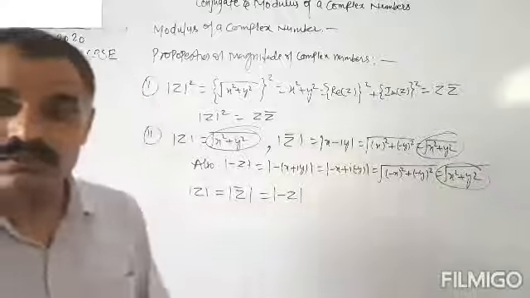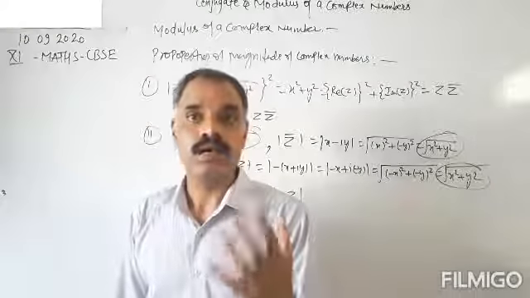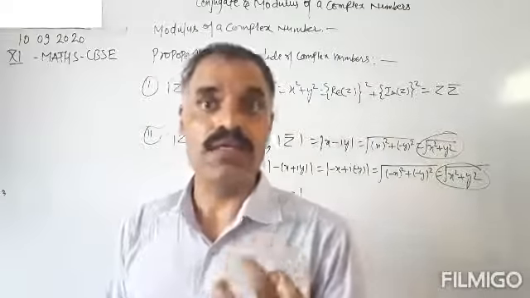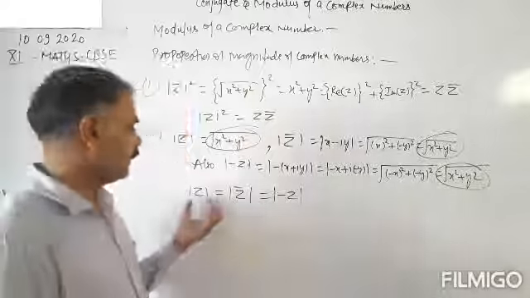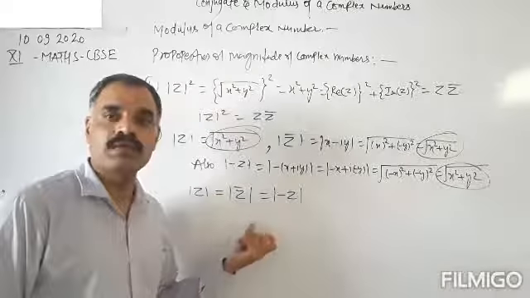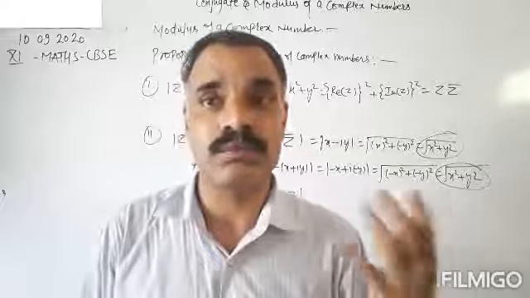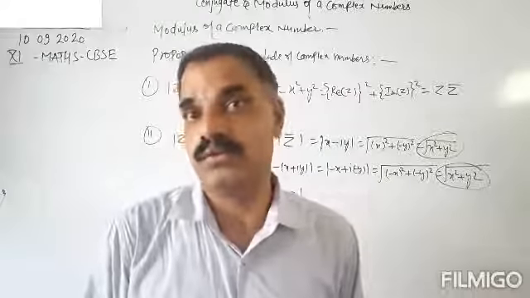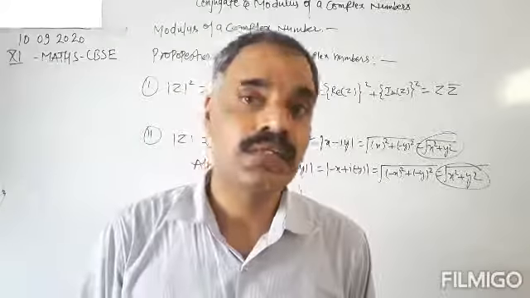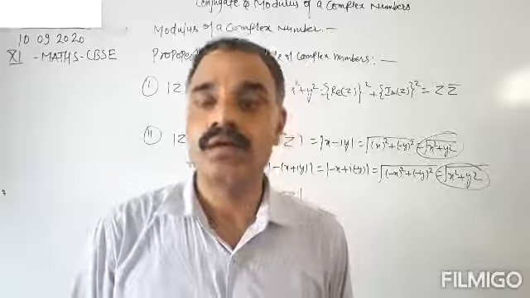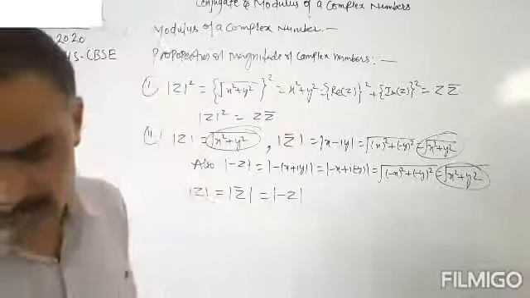So what can we conclude? We can conclude that the magnitude of z equals the magnitude of the conjugate of z, which equals the magnitude of the negative of the complex number. This is the second property of the magnitude of complex numbers.